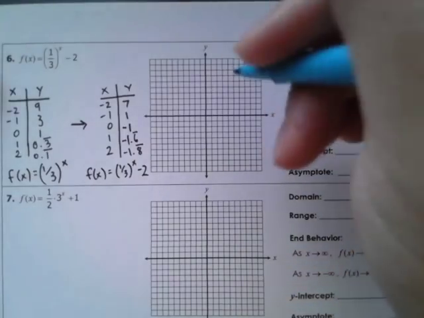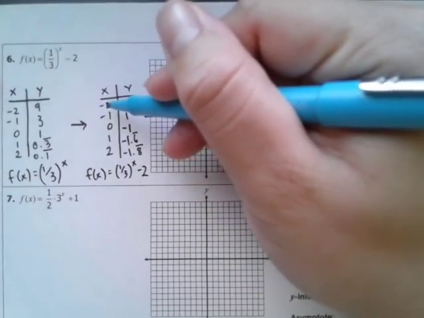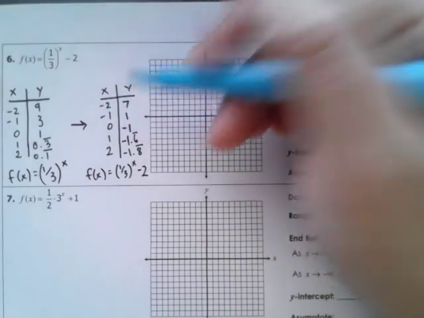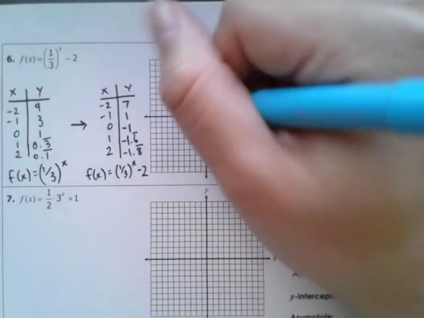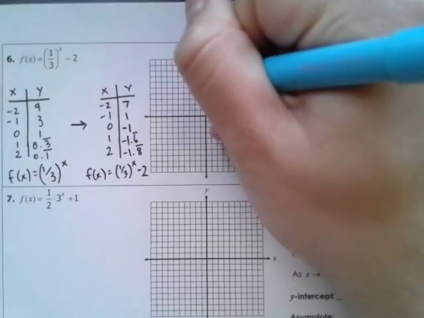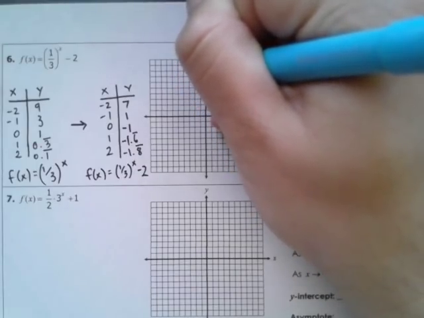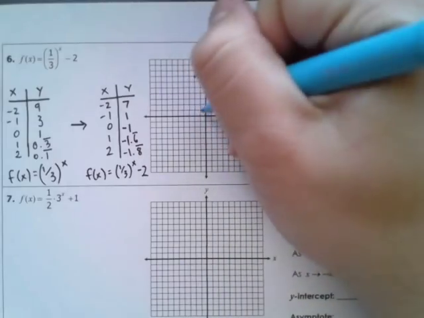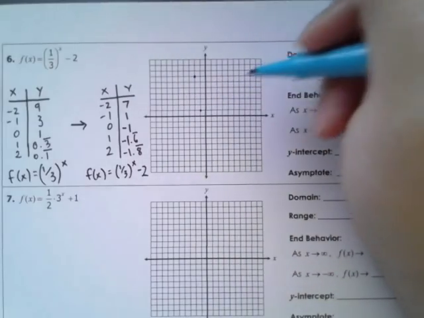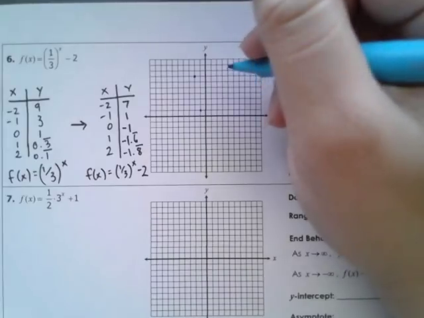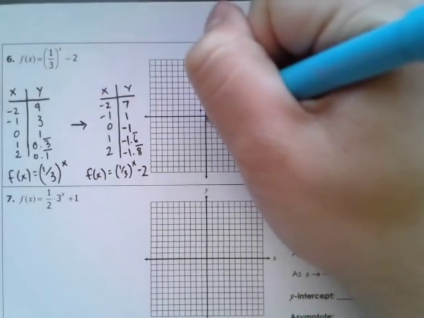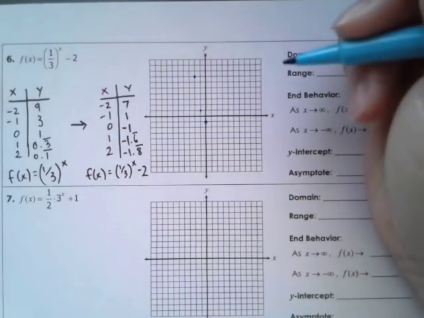So at x is equal to -2, I have 7, so about there. At -1, I have 1 there, and then at x equals 0, I have -1 there.